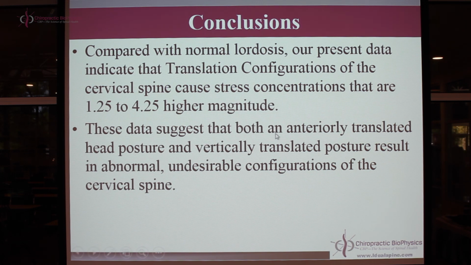These data suggest that both an anteriorly translated posture and a vertically translated cervical configuration result in abnormal, undesirable configurations of the cervical spine, leading to some type of dysfunction that will likely occur, whether it's spinal arthritis and disc disease like our model would predict, or the other myriad of dysfunctions that I went through at the end.